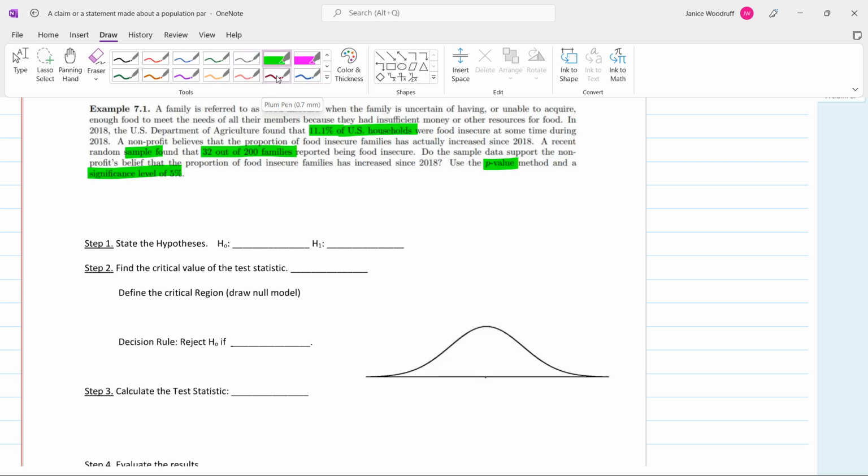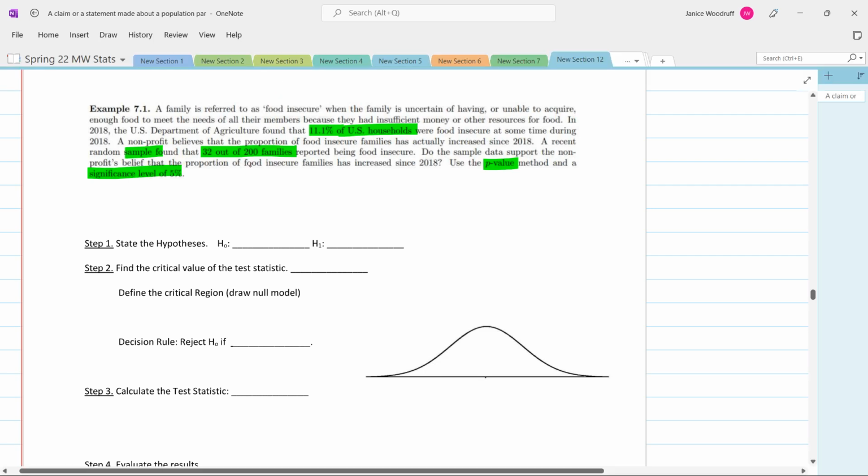Now, this doesn't outright come out as a proportion, but it does with the 11.1%, right? So we can start off with that. The population proportion of all U.S. households is 11.1%, so that's your p, 0.111. That should signal to you that that is a proportion.